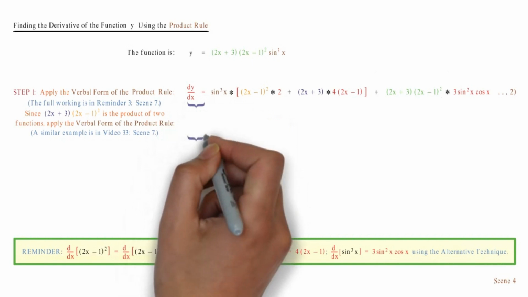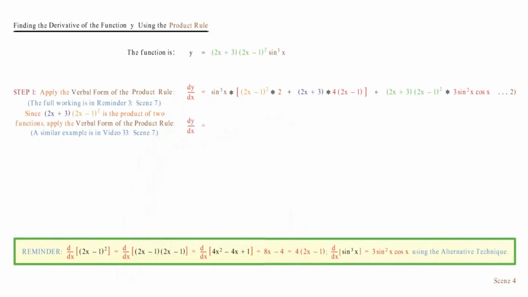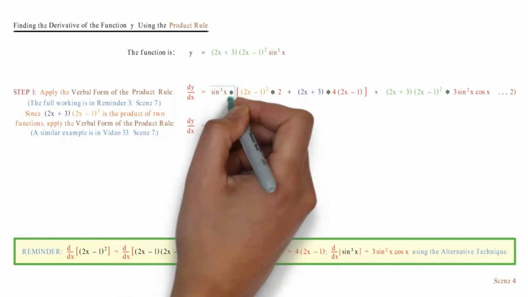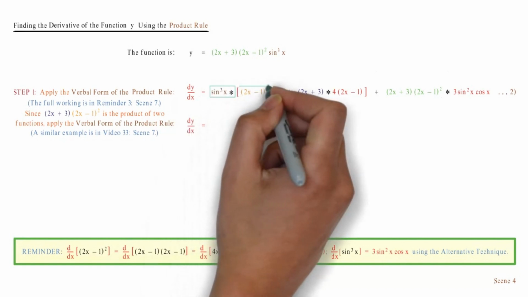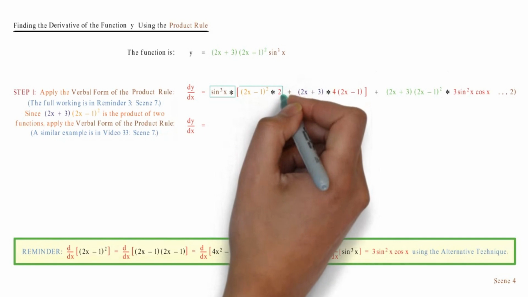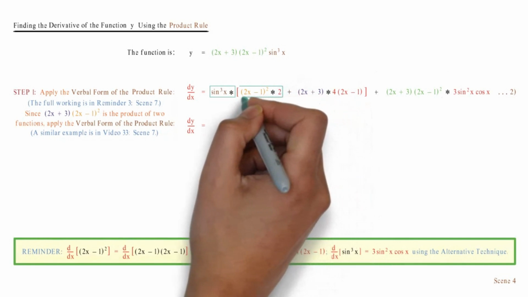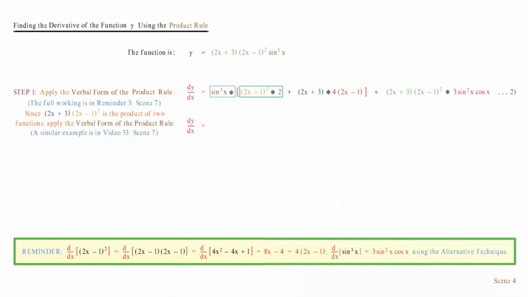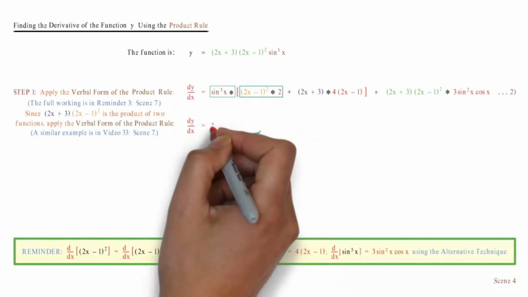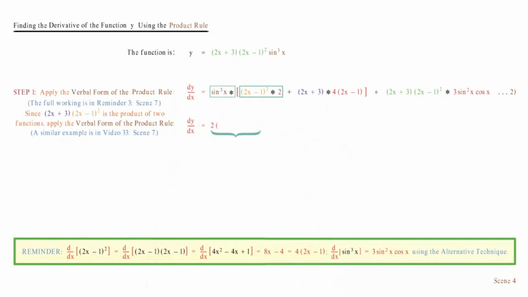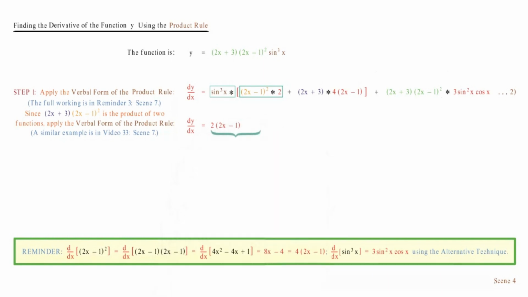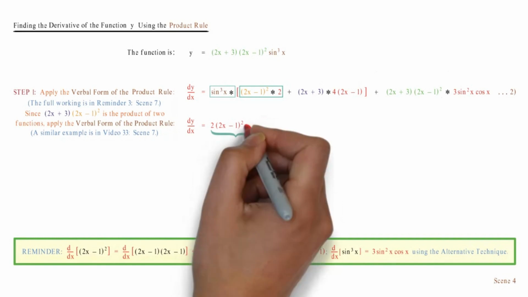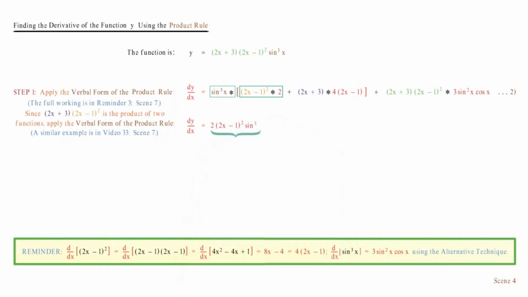Bring down sine cubed of x times 2x minus 1 all squared times 2, which becomes 2 times 2x minus 1 all squared sine cubed of x.